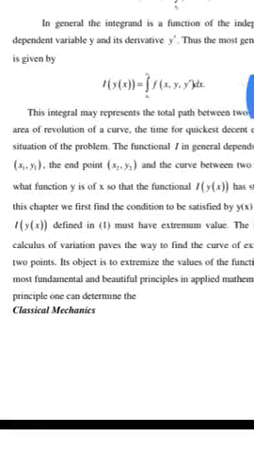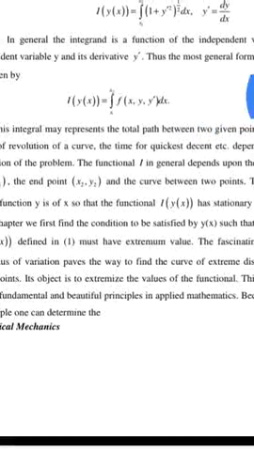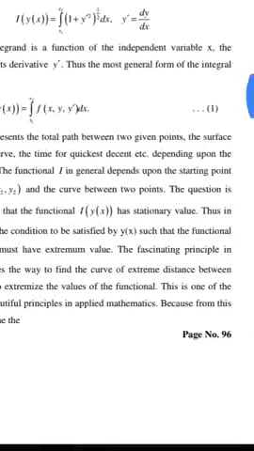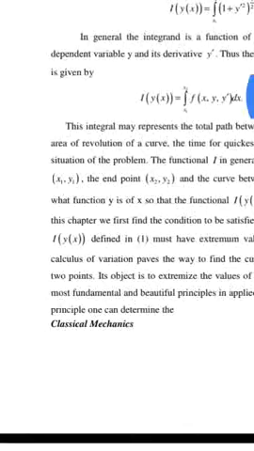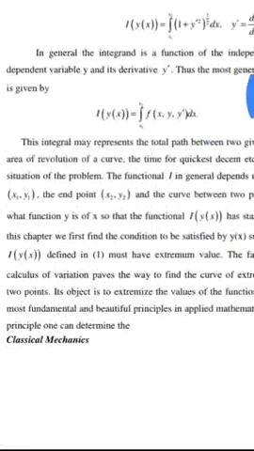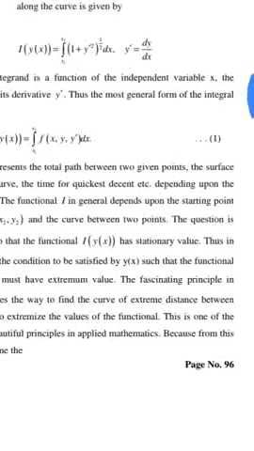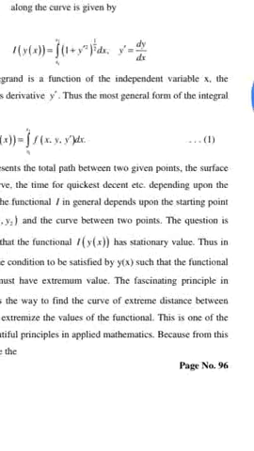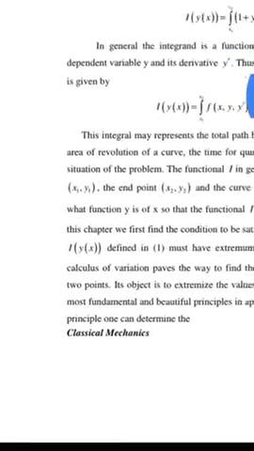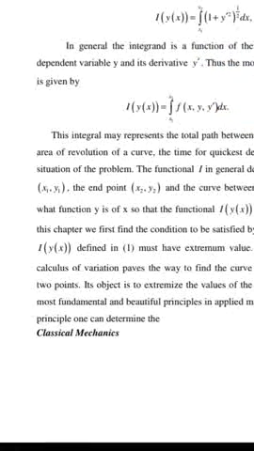And in general, the integrand is a function of the independent variable x and the dependent variable y, and its derivative is y dash. Thus, the most general form of the integral is given by I of y of x is equal to integral from x1 to x2 of f of x, y, y dash dx.